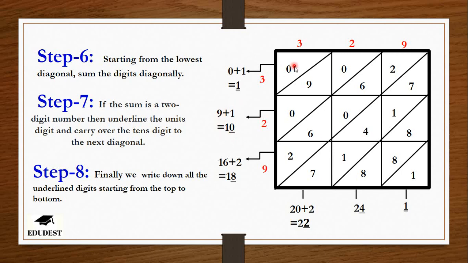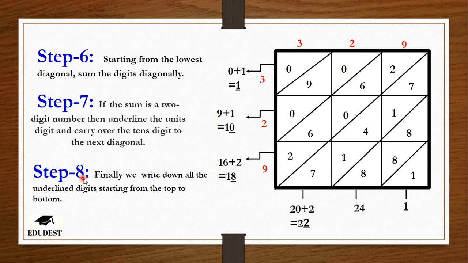In the last diagonal our total sum is 0, and we need to add 1 because this 1 is carried from the previous diagonal. Now the total sum is 1, which is a single digit number. So now we need to underline it as a units digit.